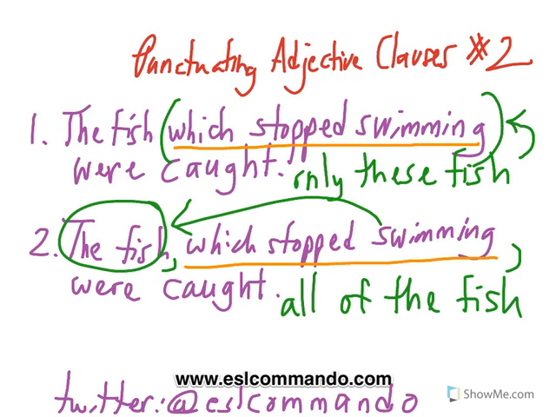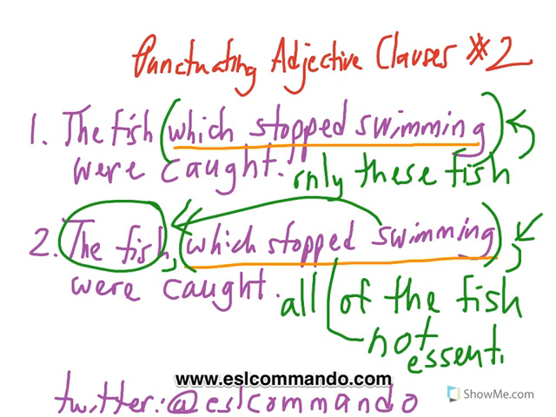Because what those commas tell us is that this information is not essential to the meaning of the fish. So essentially what we could do is take out this adjective clause and the meaning would not change.